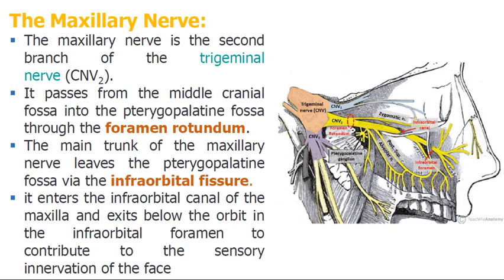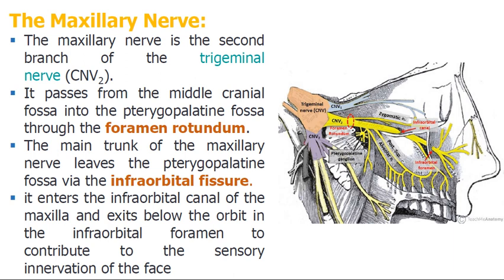Now, starting with the maxillary nerve. The maxillary nerve, by definition, is the sensory second division of the trigeminal nerve, which is the fifth cranial nerve, and passes from the cranial cavity to the pterygopalatine fossa through what is called the foramen rotundum, lies here.